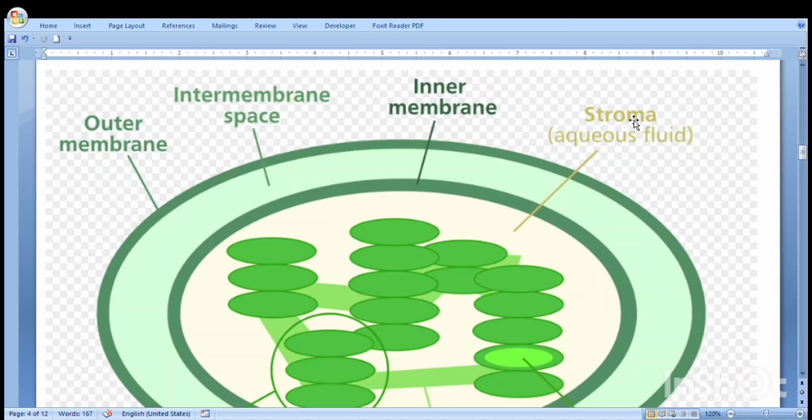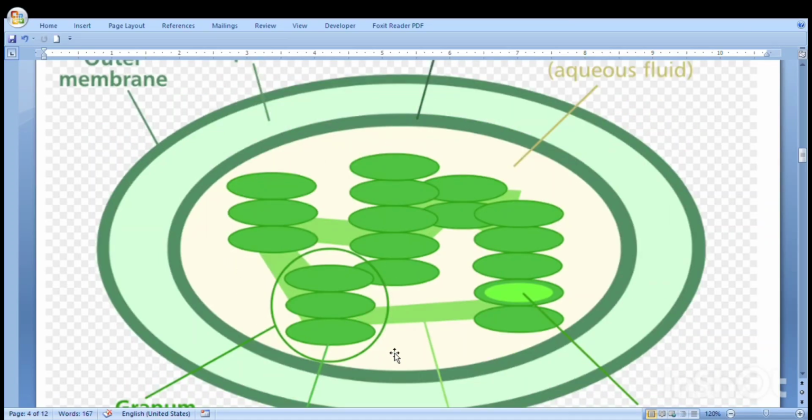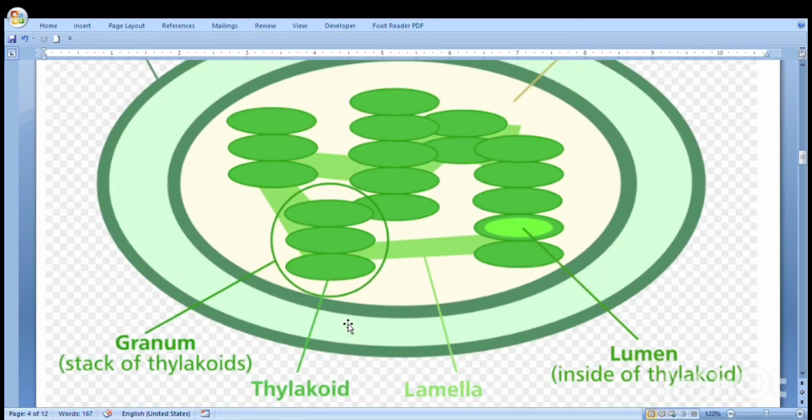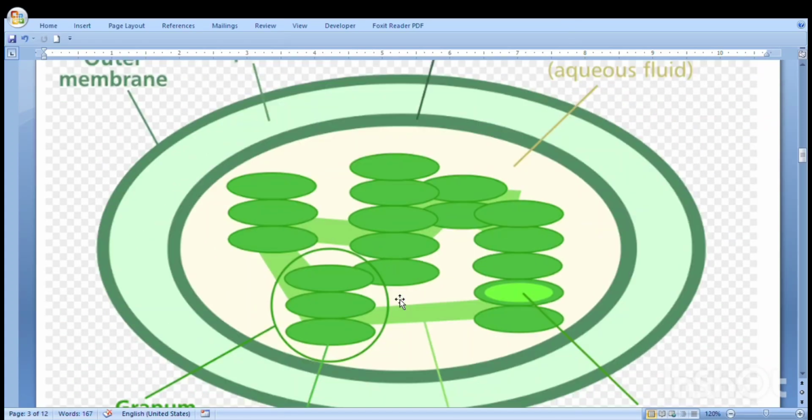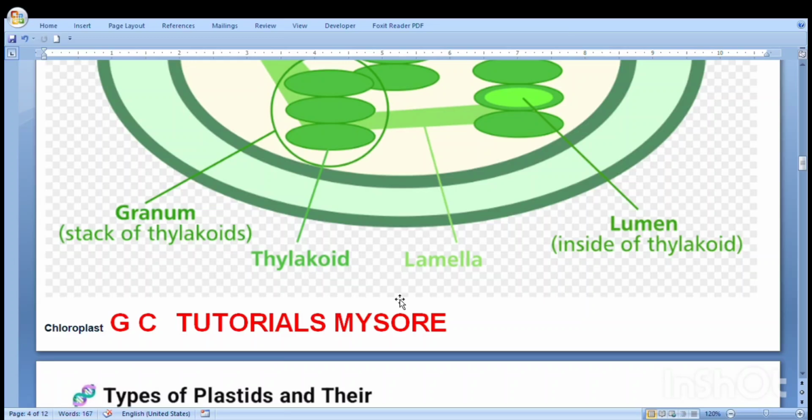In the stroma, present inside the inner membrane of the chloroplast, it also contains enzymes, ribosomes and DNA. What is the full form of DNA? I told you in the last class. The full form of DNA is deoxyribonucleic acid.